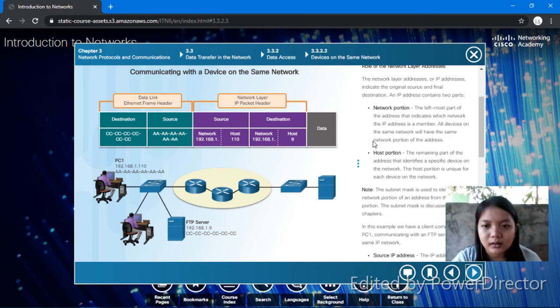Then the host portion is the remaining part of the address that identifies a specific device on the network.